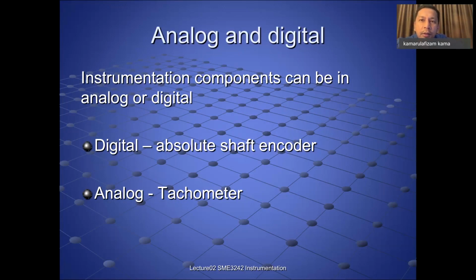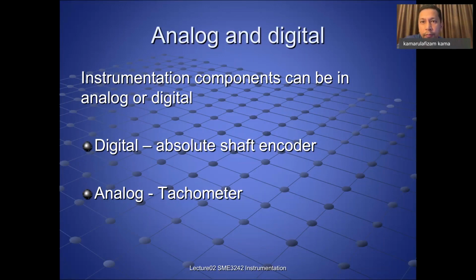On the slide we have examples of a digital and an analog system: for digital, an absolute shaft encoder, and for analog, a tachometer. We will go further on this later.